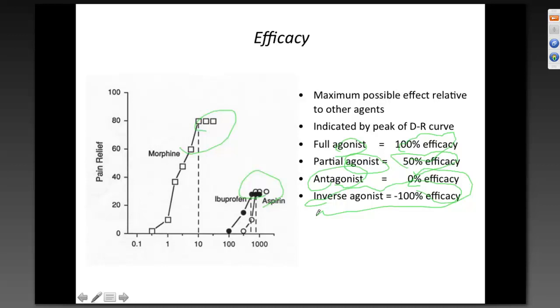What's an example? H2 blocker is an example. We'll go into more detail by the end of this lesson. H2 blocker is an example of something that is more an inverse agonist than anything else. Okay, but let's look over here to the side.